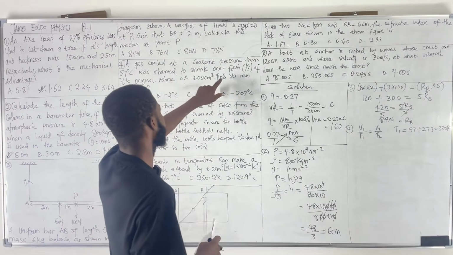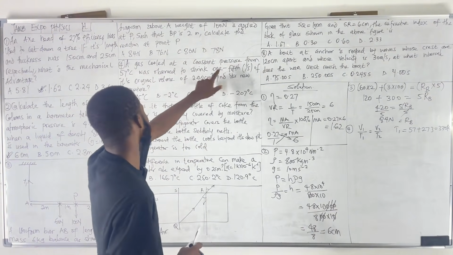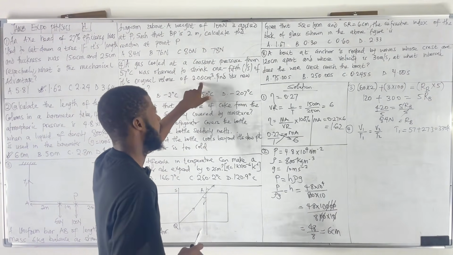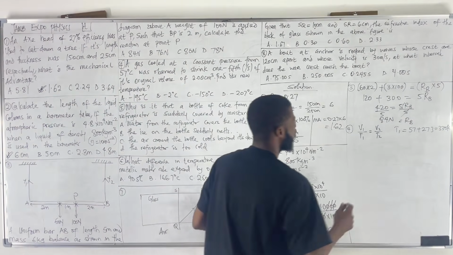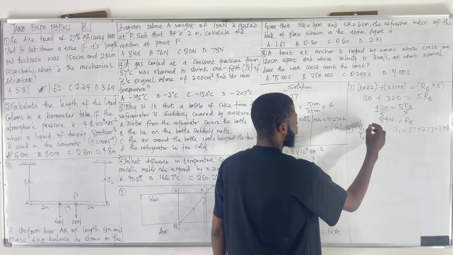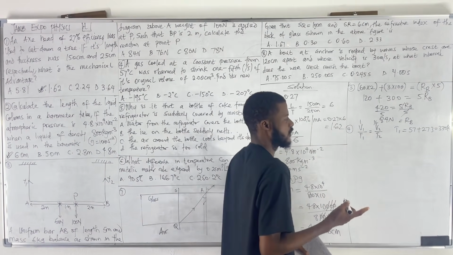Now, we're told that it was observed to shrink 1/5 of its original value. What I'm trying to say is, if my V1 is 1, then V2 is 1/5 of that very thing. So I don't really need to stress myself.